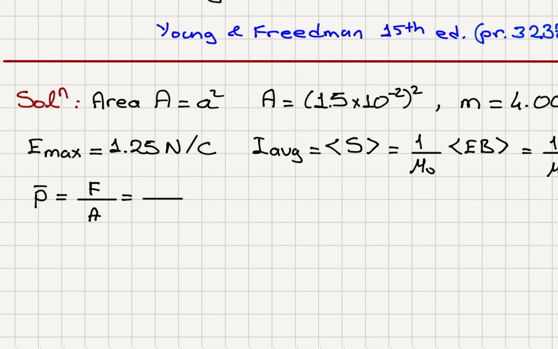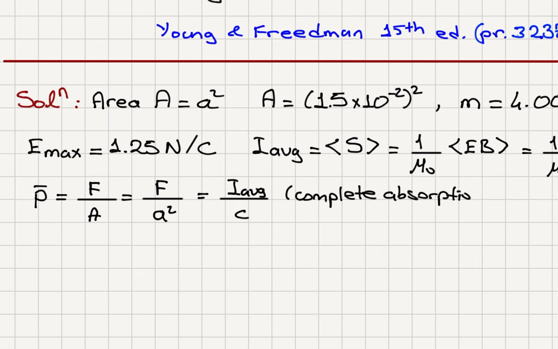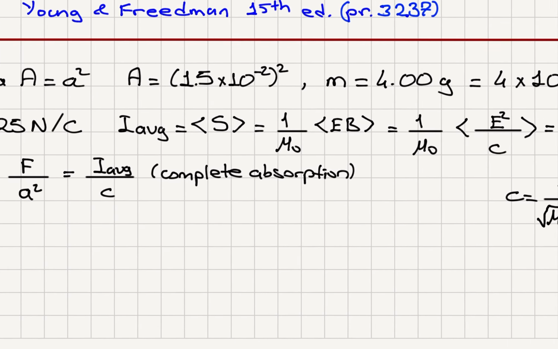So this is basically the force being exerted divided by the area, which is A squared, and that is equal to the average intensity divided by the speed of light c for complete absorption, as we have shown in detail in the previous problem.